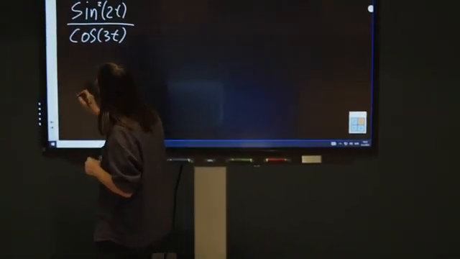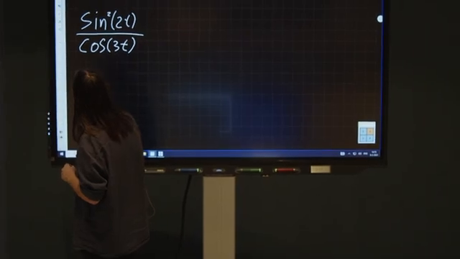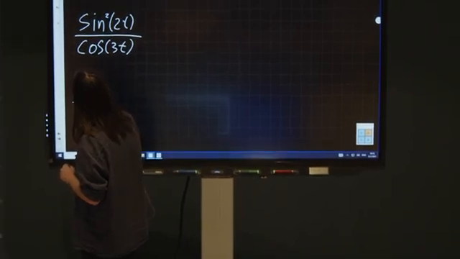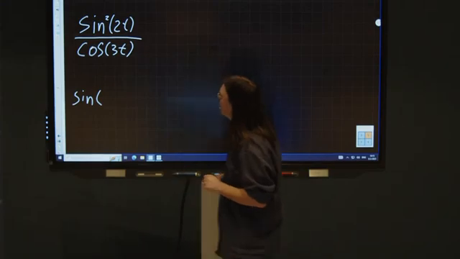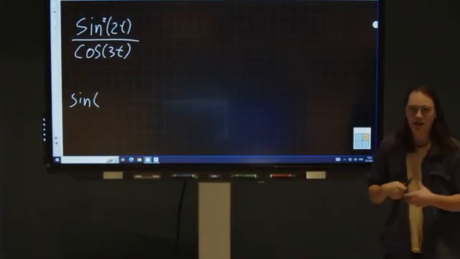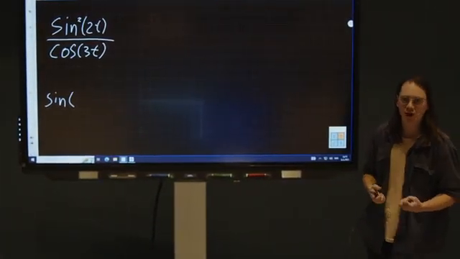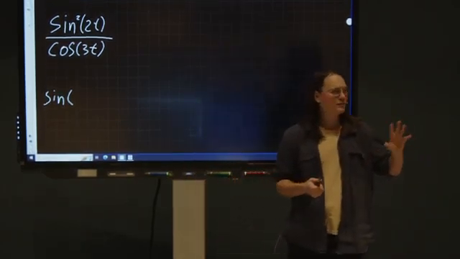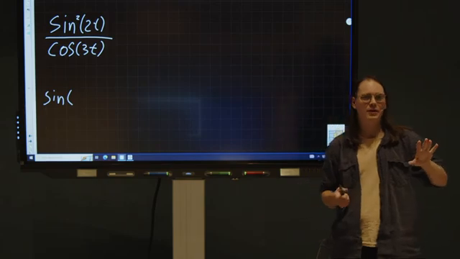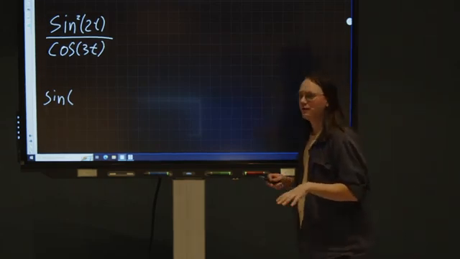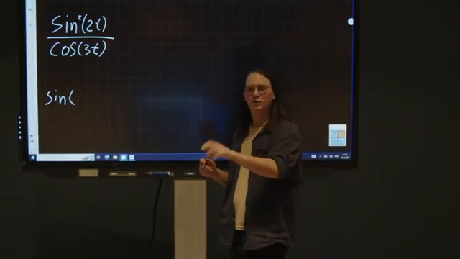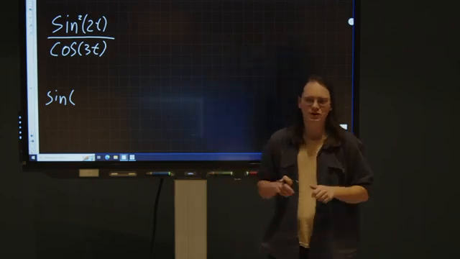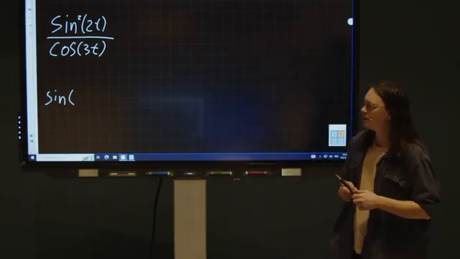In particular, what we're going to need here is the doubling angle formula for sine, right? Because you see here sine of 2t. Now, if we want to find something in terms of only cosine of t, if we have something in terms of sine of t, that's kind of fine because by the formula sine squared plus cosine squared equals 1, we can always massage it back into cosine of t.